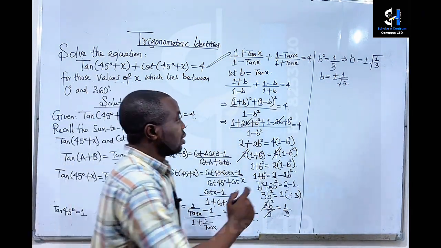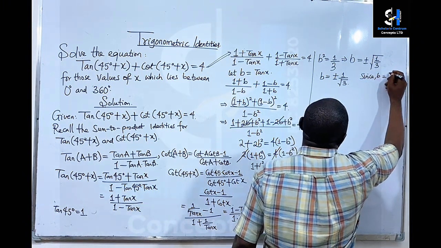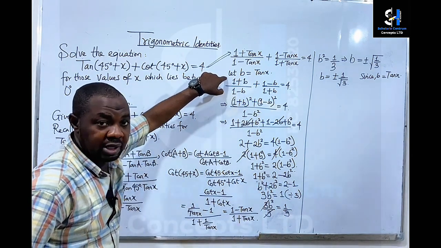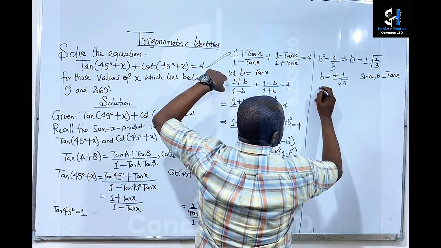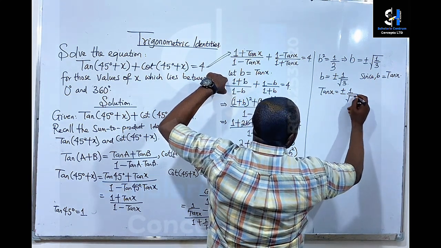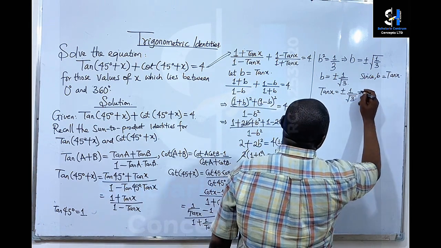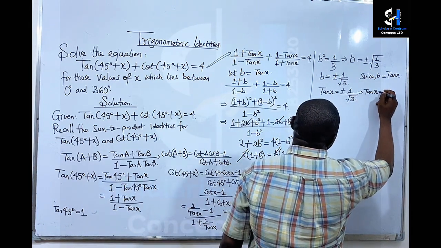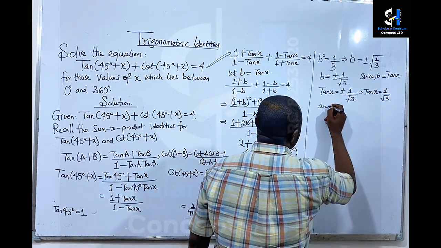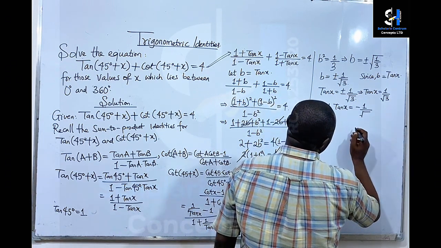Now we know that b equals tan x, so we write tan x equals plus or minus 1 over radical 3. This implies that tan x equals 1 over radical 3, and tan x equals negative 1 over radical 3.